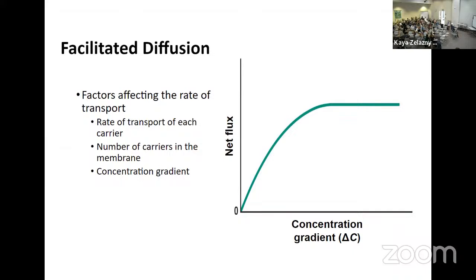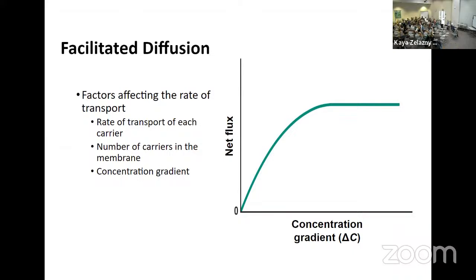So you can't just keep increasing the concentration gradient and get it to increase forever as you get more and more glucose outside the cell, because there are only so many of those proteins and they can only work so fast. So when we want to change the rate of facilitated diffusion, we're working with a baseline rate at which that carrier protein operates.